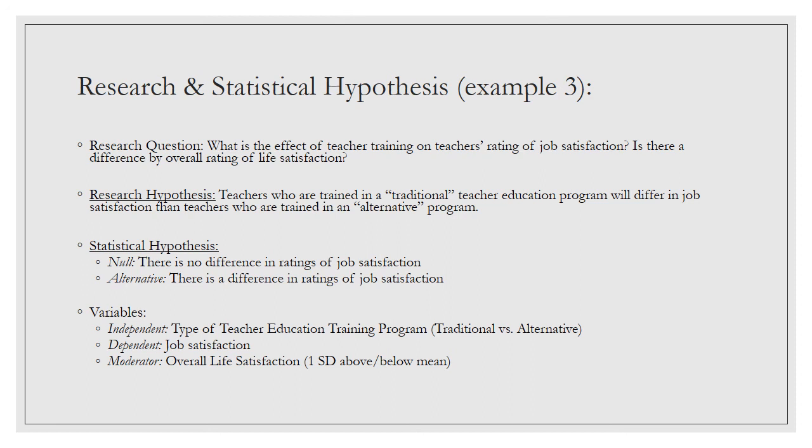That is, overall life satisfaction could moderate what these outcomes look like. So we'd have to go back and change a little bit of our research hypothesis to incorporate our moderator and have that it could be different for those a standard deviation above the mean for overall life satisfaction, or those a standard deviation below the mean.